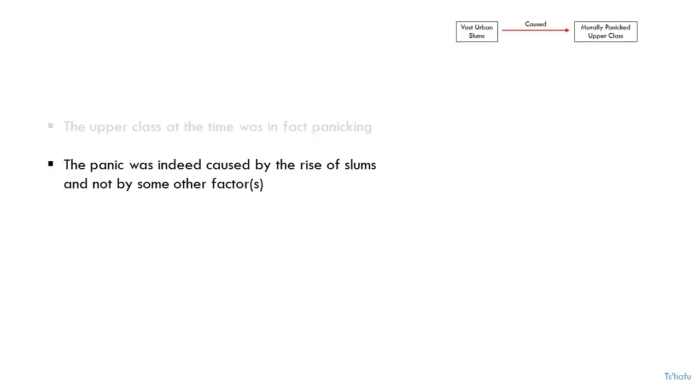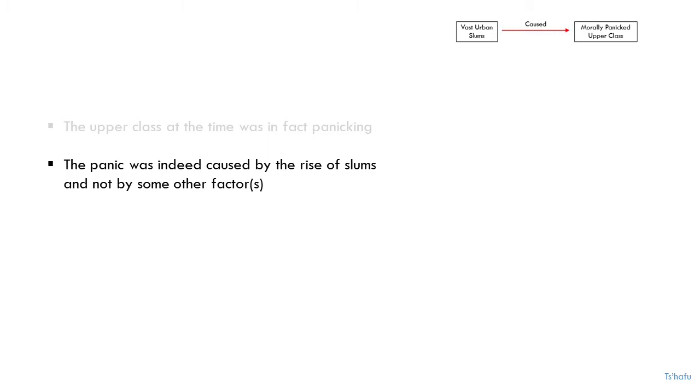Second, the panic was actually caused by the slums and not some other factor. I mean, think about this. If the panic were to be caused by, let's say, wolves or bears, well, would that have the same consequence? No. I mean, why would the upper class, panicking that there are bears and wolves, start developing schools and hospitals? Maybe prisons, but schools and hospitals?